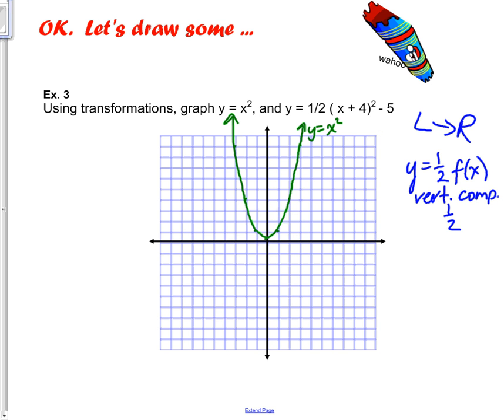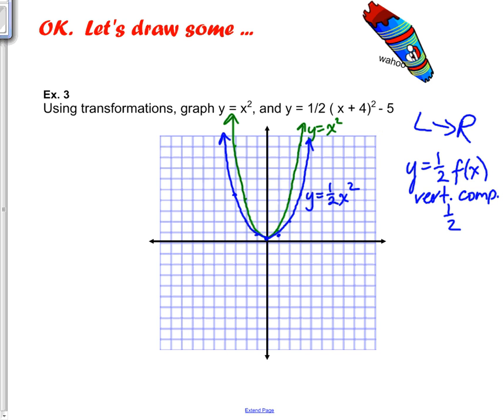So starting at 0, 0, because I haven't moved it left or right, I move over 1 up a half instead of 1. Over 2 up 2 instead of 4. Over 3 up 4.5 instead of 9. Everything is halved vertically. That roughly, in blue, is y equals a half x squared. I honestly suggest you take a minute and try and draw them yourselves.